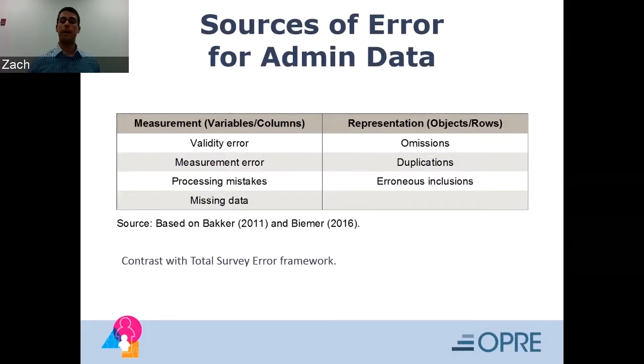And then there are non-sampling errors, which would come from missing data, coverage errors, measurement errors that contribute to error for the ultimate estimate. So more recent work has adapted this to think about what the issues are for administrative data, which are in a somewhat different context.